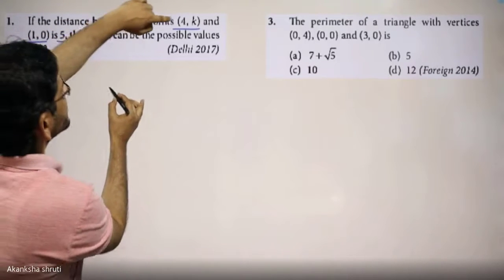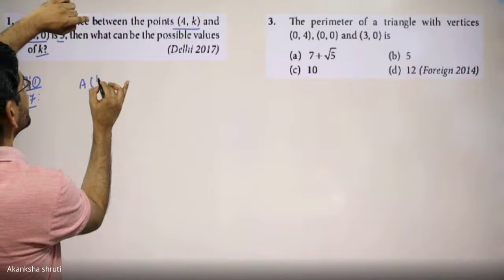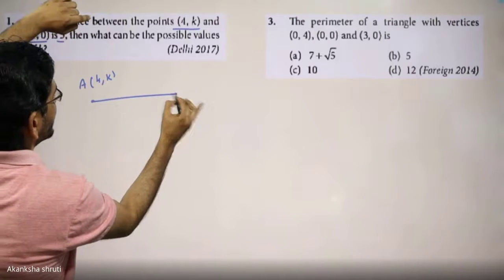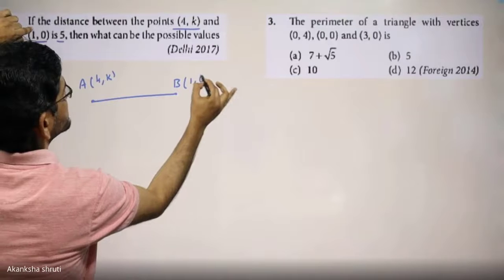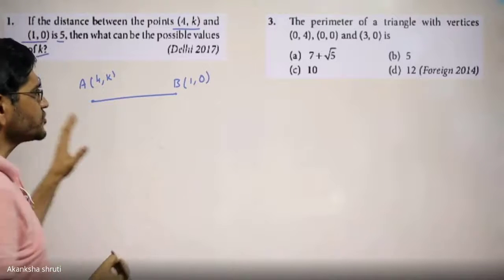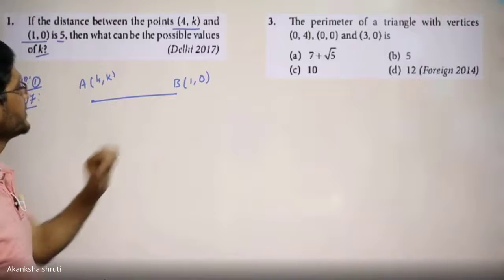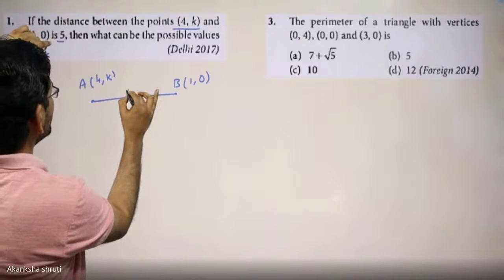Students, let us consider this point as A, which is (4, K), and another point as B, which is (1, 0). No need to put it on the exact coordinate system. It is given that the distance between A and B is 5 units.